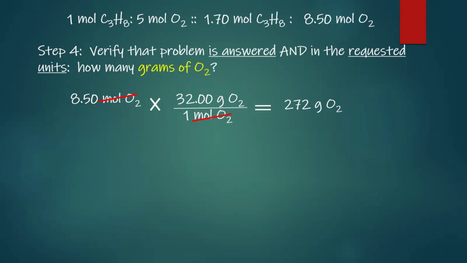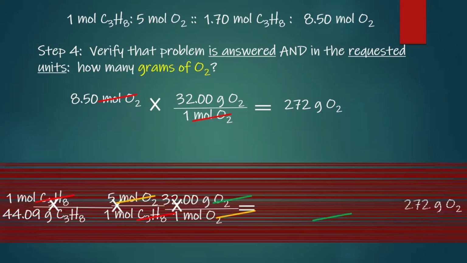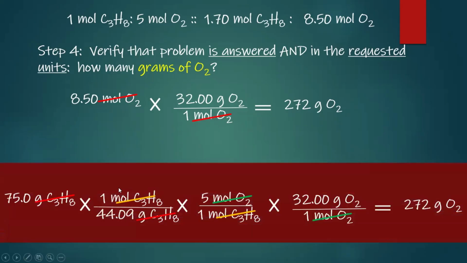Now, in the future, we did this in a lot of little steps, but in the future, we need to get to where we can multiply it in one big string and go from the numbers that they give us and convert it all the way across to the correct units that they want us to have. So to combine those steps, we start out with the 75.0 grams of propane and we multiply it by the molar mass of the propane.